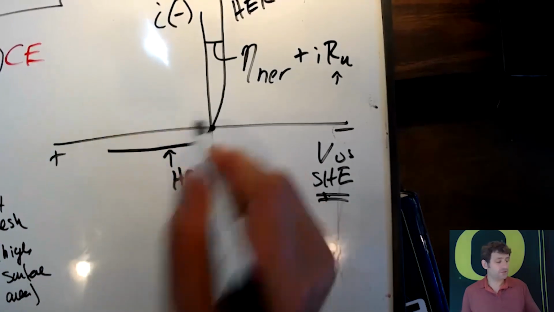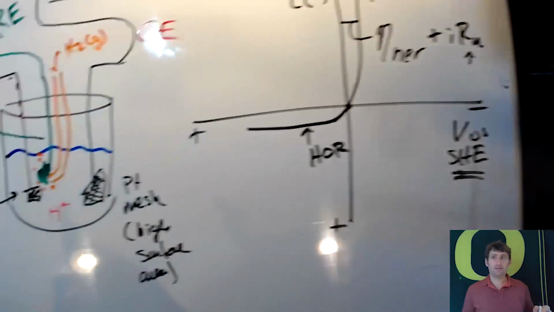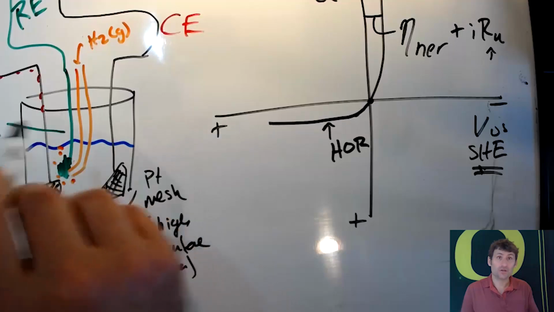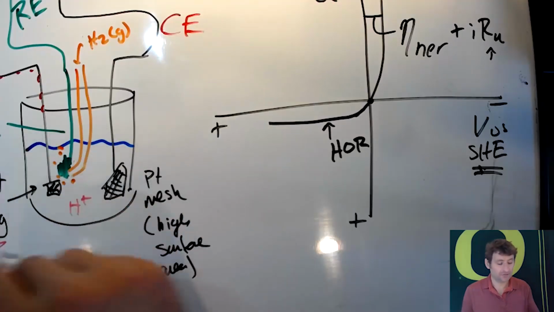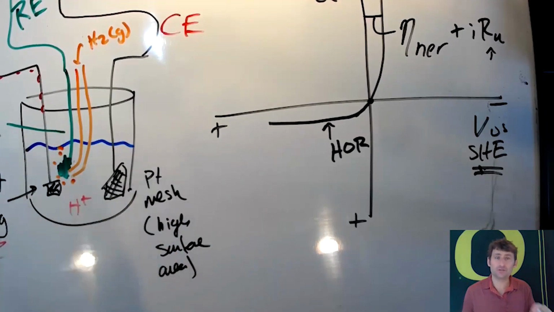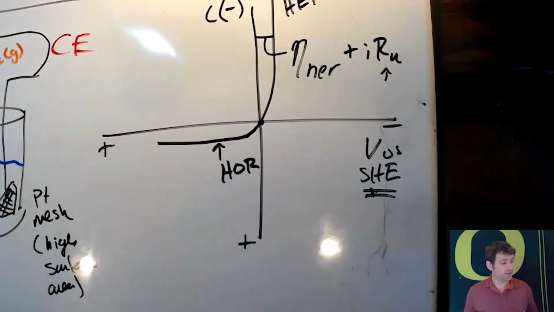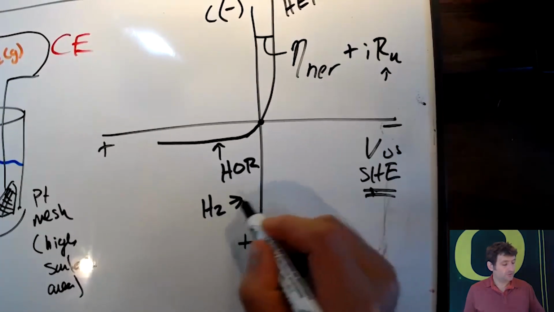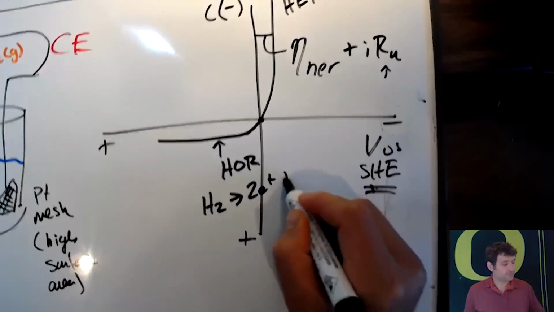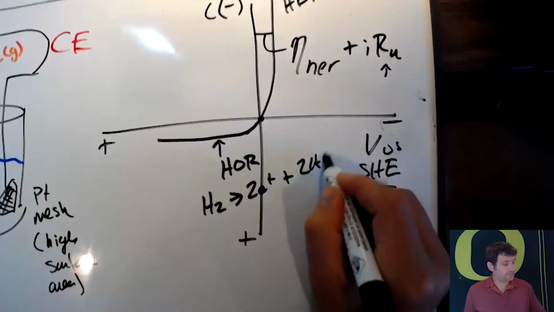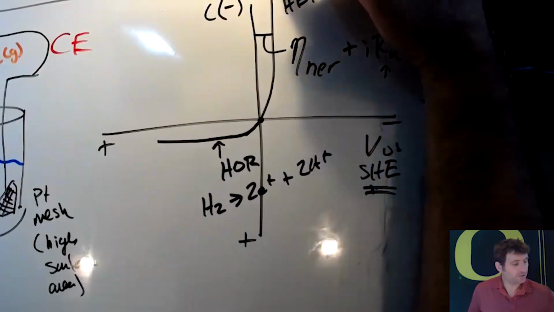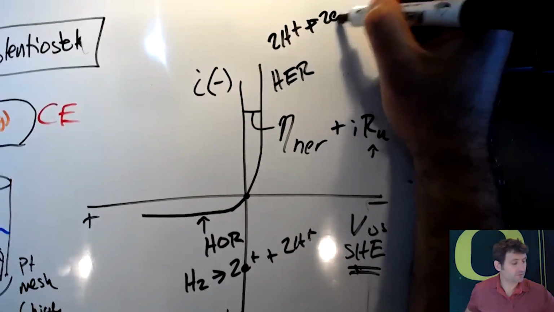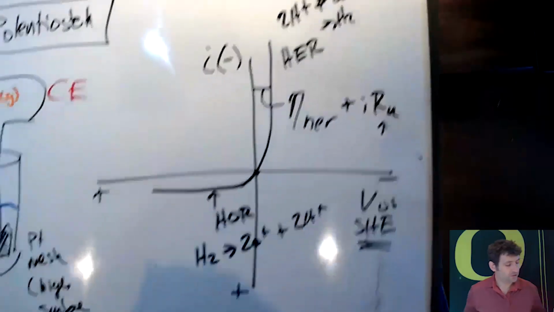And so at zero, there's going to be no current, because this solution is at the standard hydrogen electrode potential, because I have H+ and H2 in their standard states. So here I'm going to oxidize hydrogen. So this is going to be driving H2 goes to 2 electrons plus 2H+. And this is going to be HER, 2H+ plus 2 electrons goes to H2. So I'll drive those two reactions.